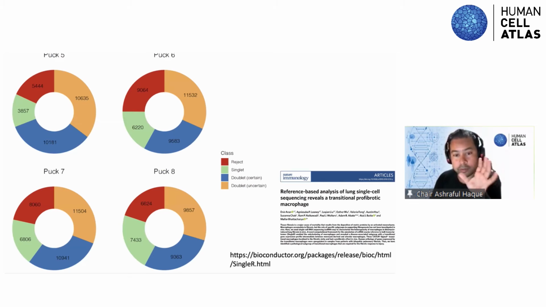If you look at the real data, these donuts are from 4 individual pucks. And if you add up the yellow and the blue segments, these are inferred to be doublets based on existing single cell reference data sets. So more than half of the data is actually doublet or merged together.